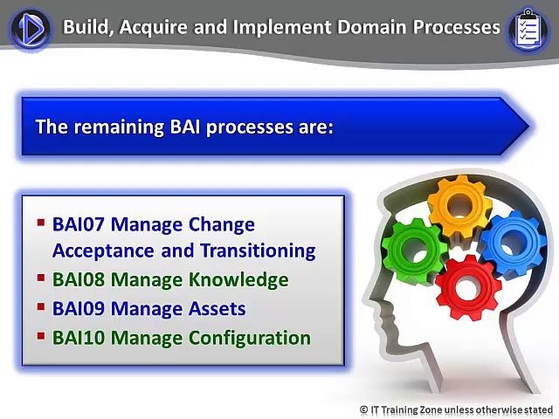Manage IT assets through their lifecycle to make sure that their use delivers value at optimal cost. It includes the management of software licenses. BAI 10, Manage Configuration. Defines and maintains descriptions and relationships between key resources and capabilities required to deliver IT-enabled services. It includes collecting, auditing, and verifying information.